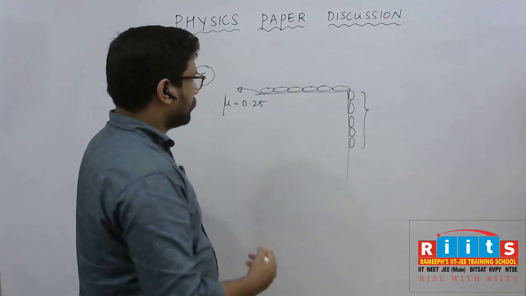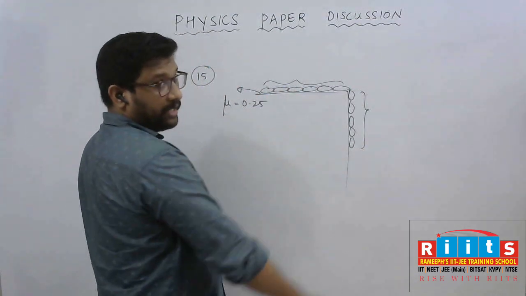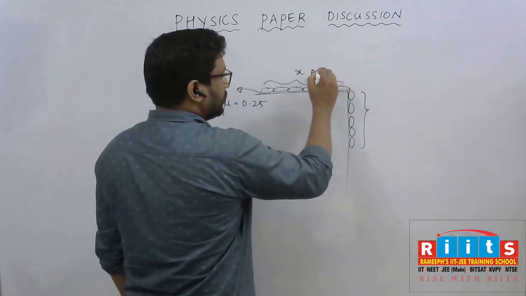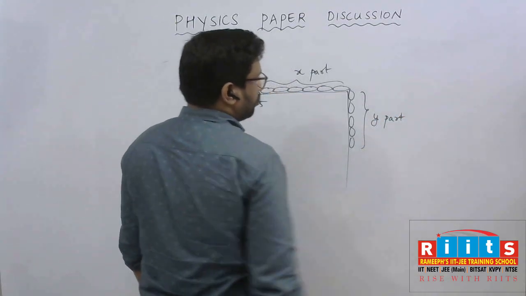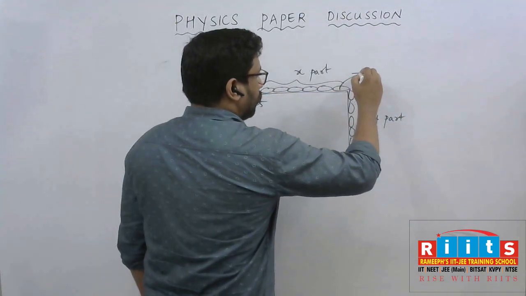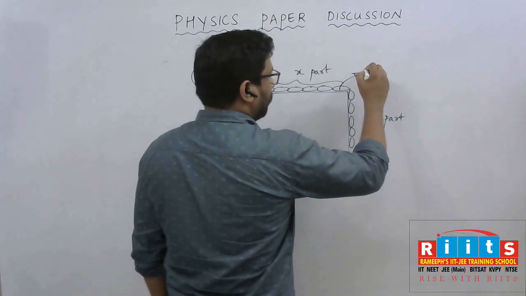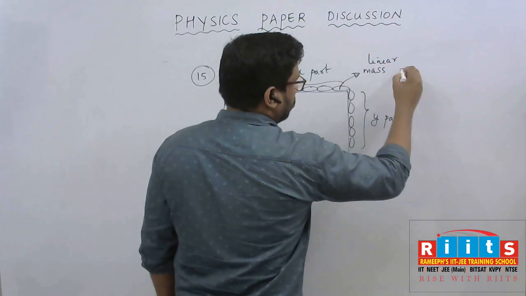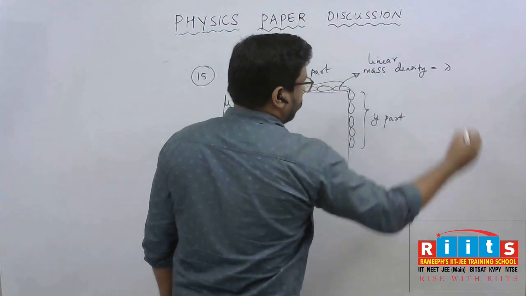So for doing this question, let's say out of the total length, X part of the chain is on the table surface and Y part is hanging. Since it is a uniform chain, you can assume the linear mass density of this chain as lambda.